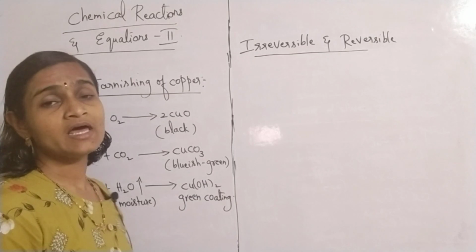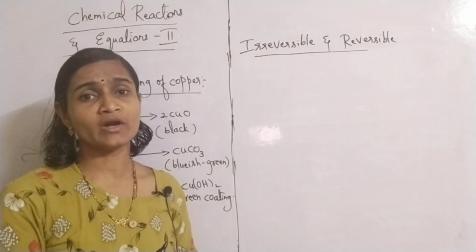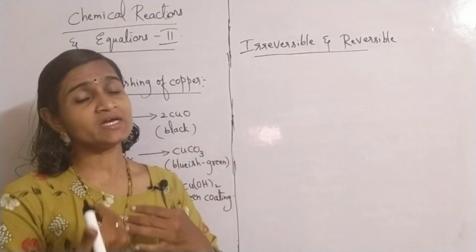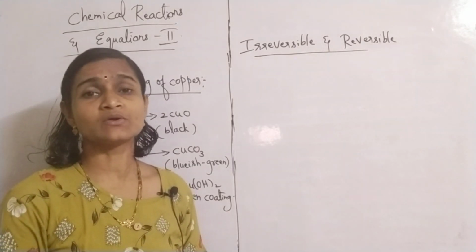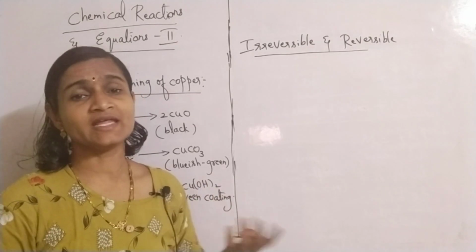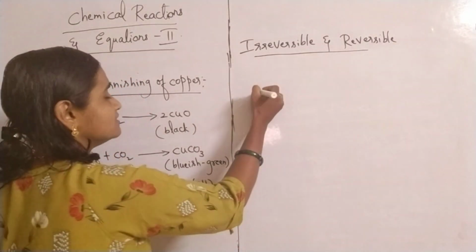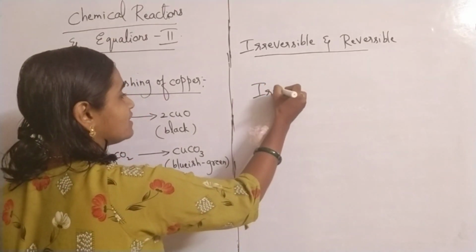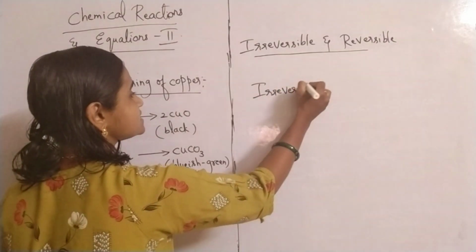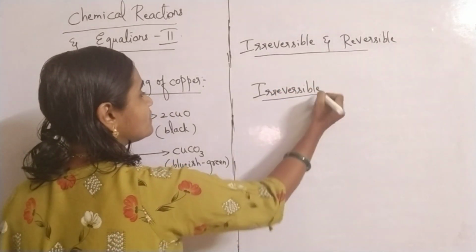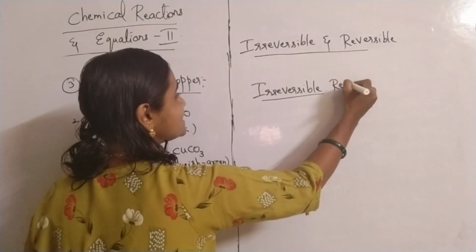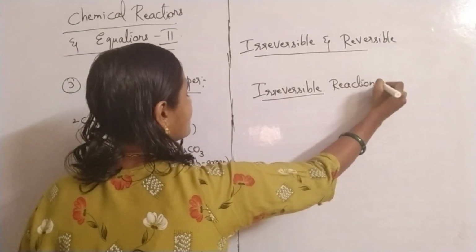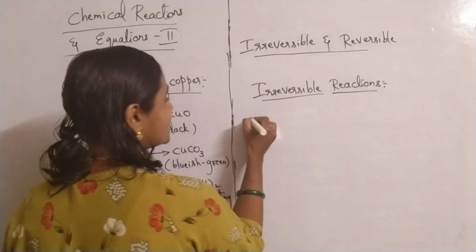Irreversible means reactants can be converted into products, but products cannot be converted back to reactants. Such kind of reactions are called irreversible reactions. Let us learn some examples for irreversible reactions, which cannot be reversed.